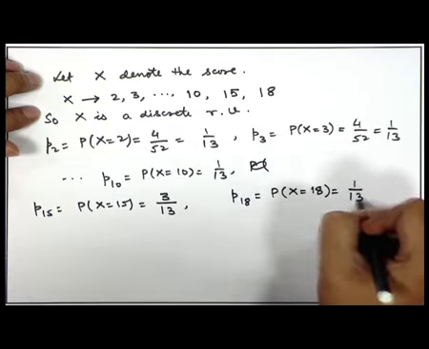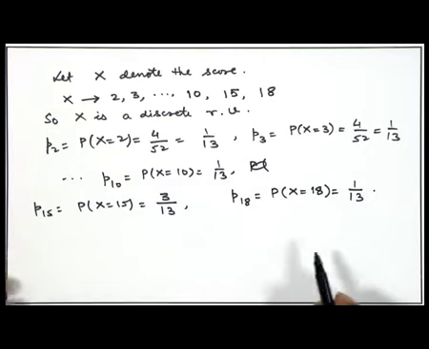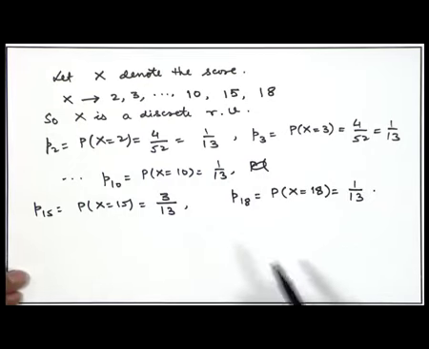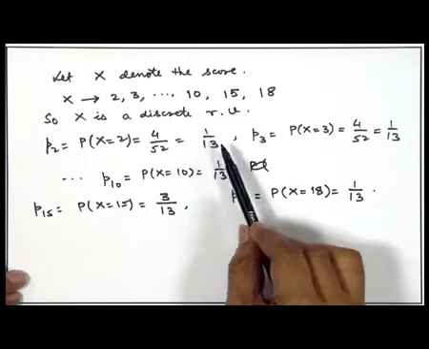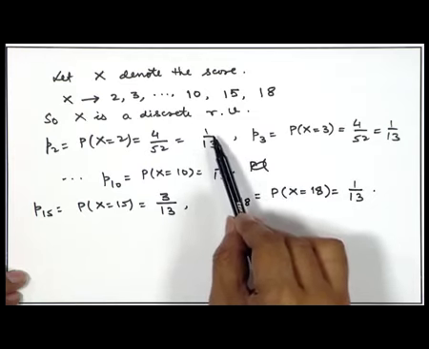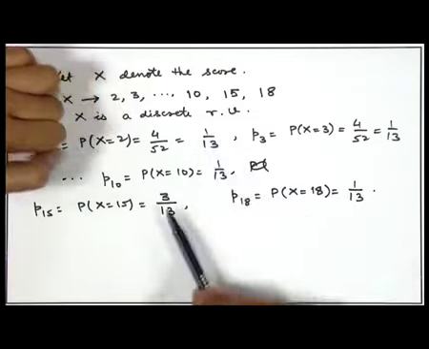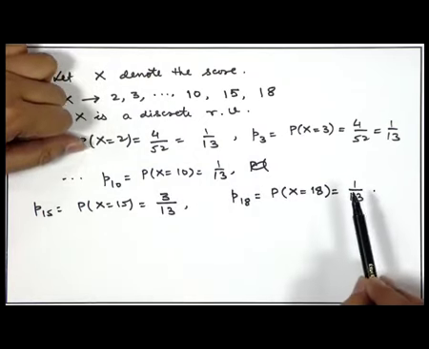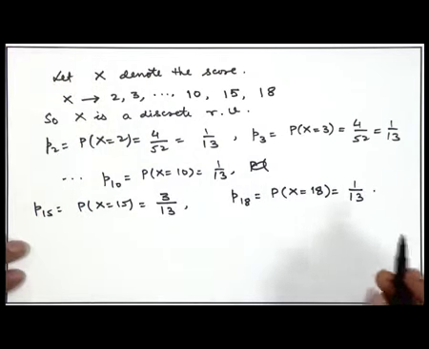So, again it is 1 by 13. So, this is the probability distribution of this random variable x. You can look at the sum. You have 9 values here, 9 by 13 plus 3 by 13 plus 1 by 13, that is equal to 1.